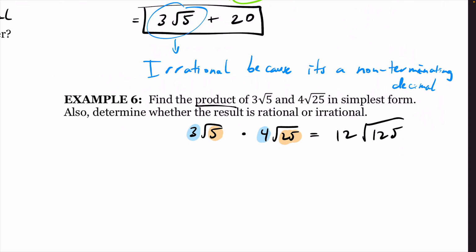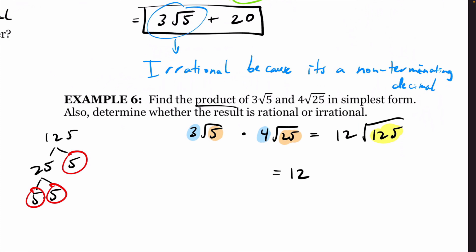That's the first step. Then we simplify the radical. How do we simplify? Look for pairs in this case. So 125, 25 times 5. Circle the 5. 5 times 5. Circle the 5. So we get 12 and then 3 5s.